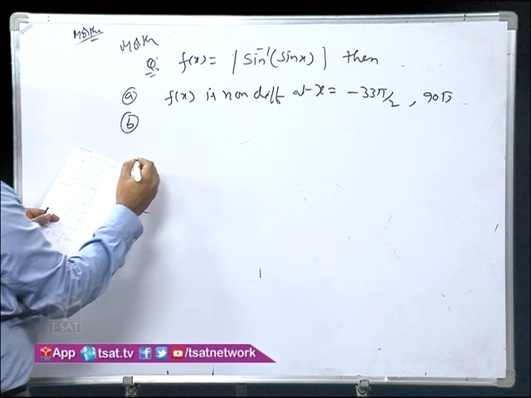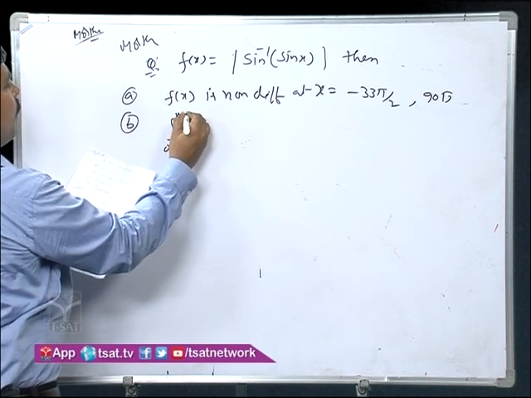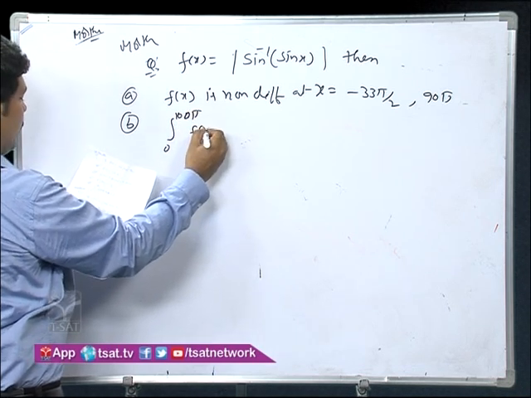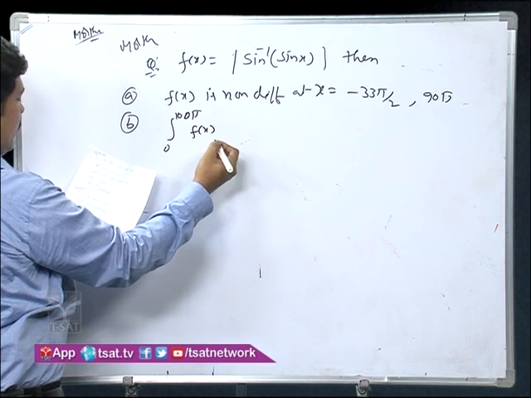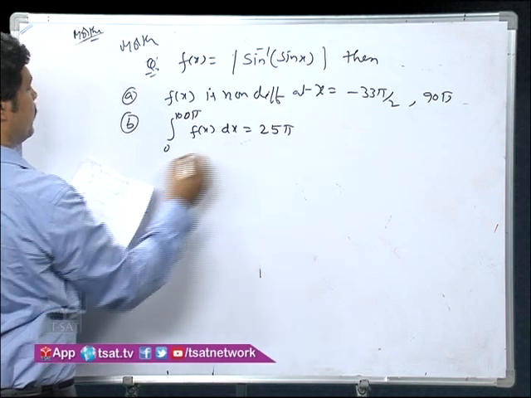Option B: integral 0 to 100 pi of f of x dx is equal to 25 pi.